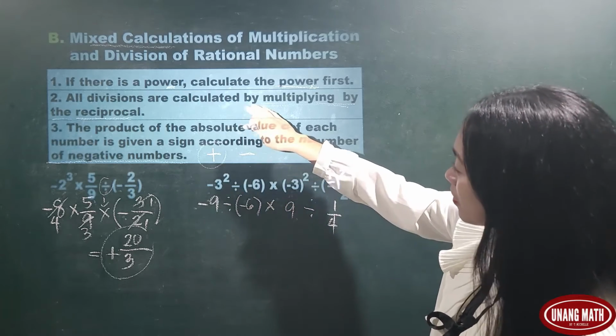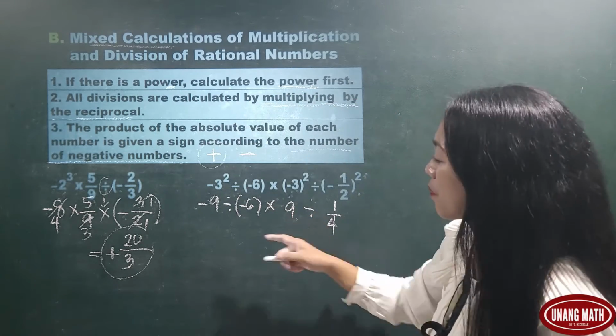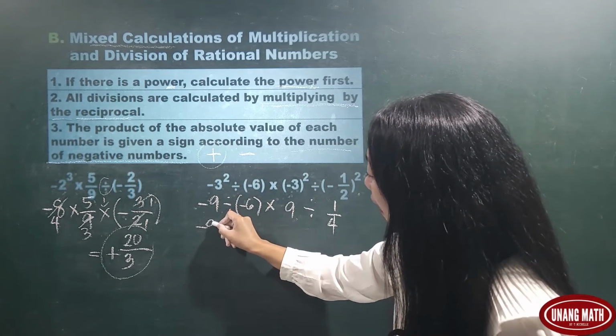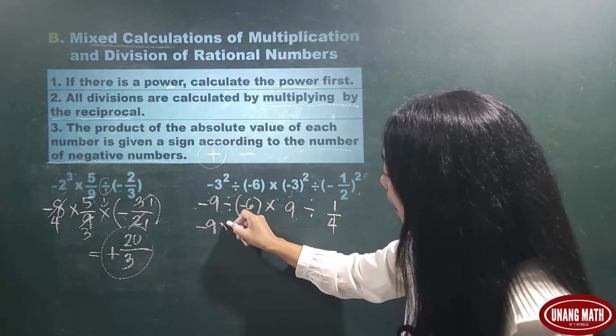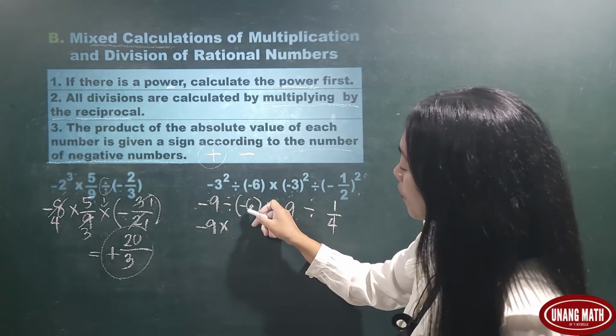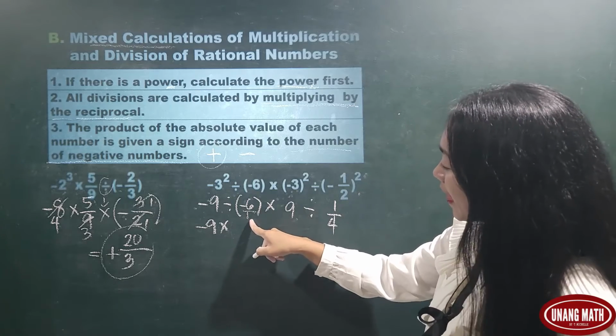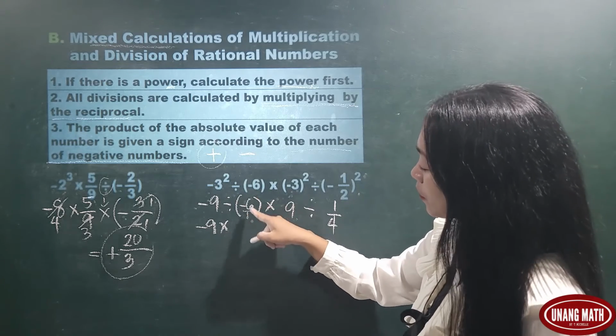Okay, all divisions are calculated by multiplying by the reciprocal. So negative 9, the division sign becomes multiplication. Negative 6, if we write this one as a fraction, there's a denominator 1 here. Get the reciprocal of negative 6 over 1.